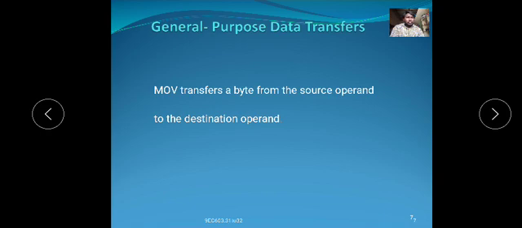First one is the general purpose data transfers. The move instruction transfers a byte from the source operand to the destination operand.